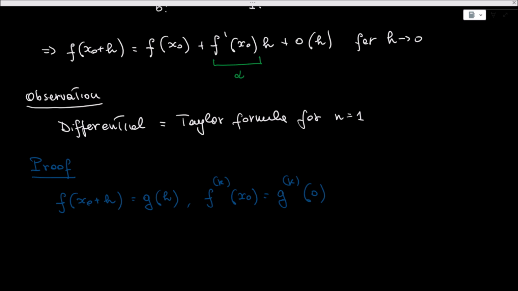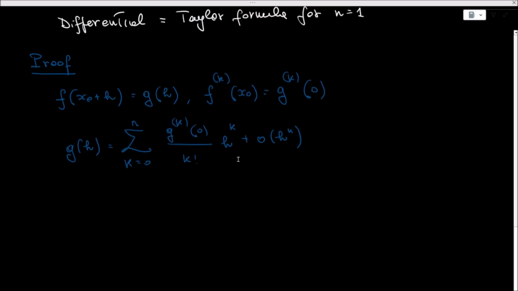And now we can expand this function g of h by using the Taylor formula centered at the origin. This becomes the sum for k from 0 to n of the kth derivative evaluated at 0 divided by k factorial times h to the k plus little o of h to the n.